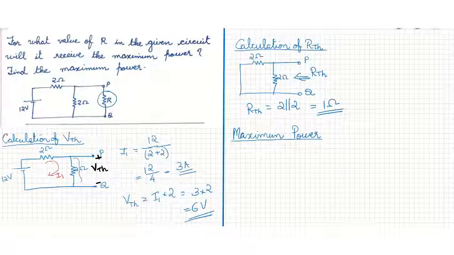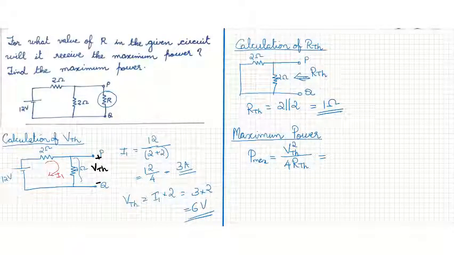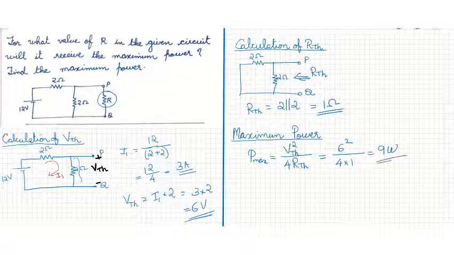Maximum power P max, equation for P max is VTH square divided by 4 RTH. That is equal to 6 square divided by 4 into 1. So 9 watts. This is the maximum power.